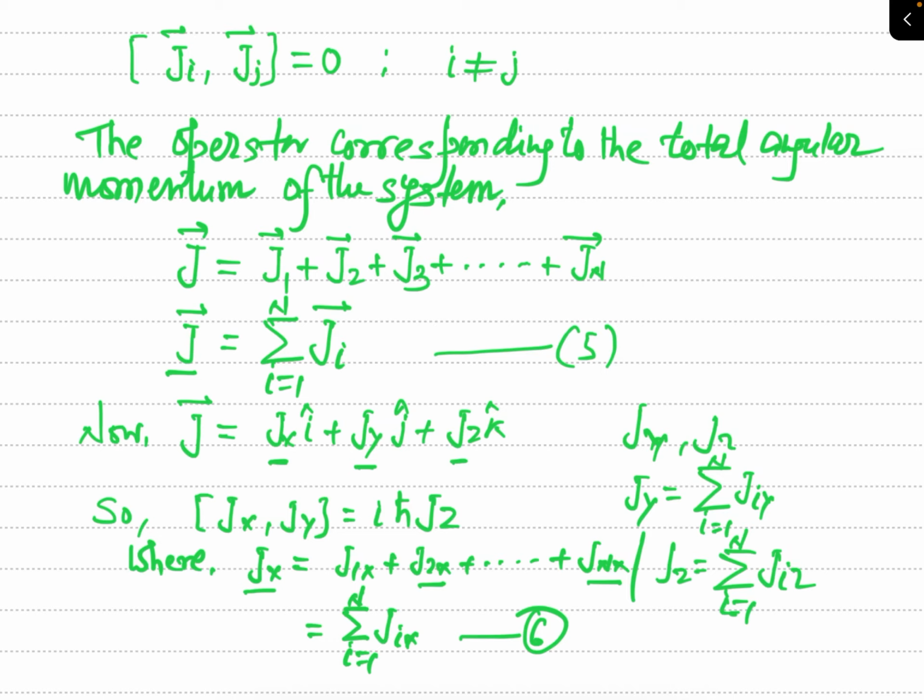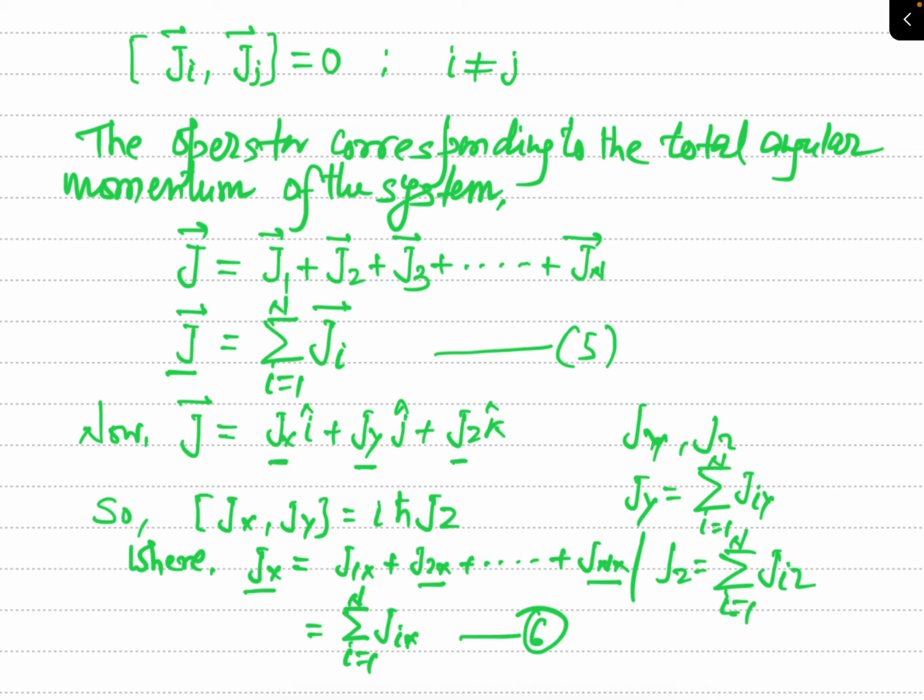So this was all about the generalized definition of angular momentum in quantum mechanics. As a conclusion, when you talk about angular momentum in classical mechanics, you are talking about a particular angular momentum, that is orbital angular momentum, which depends on the position and momentum.